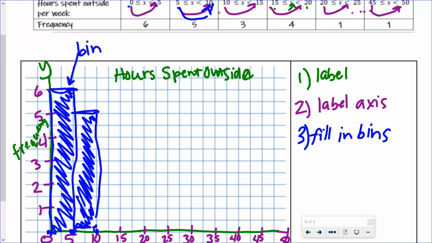Okay. The next set of data is from 10 to 15, and there were 3. So I put a mark at the height of 3. It's as wide as the bin is wide, or as wide as the data. So our hours spent outside tell us the width of each bin.